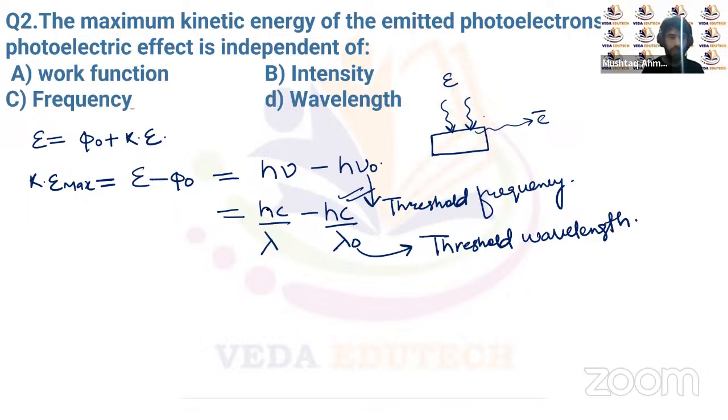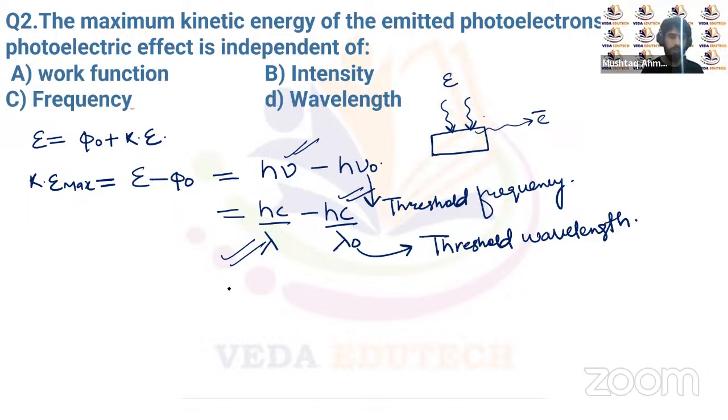So it depends upon the frequency as well. You can see the frequency term here, and it depends upon the wavelength as well. You can see the wavelength term here, right? Now, the only thing that it does not depend on is the intensity. We know that for the photoelectric effect to take place, it will only depend upon the frequency of the incident ray of light, right? For the number of photoelectrons emitted, it will depend upon the intensity, right?